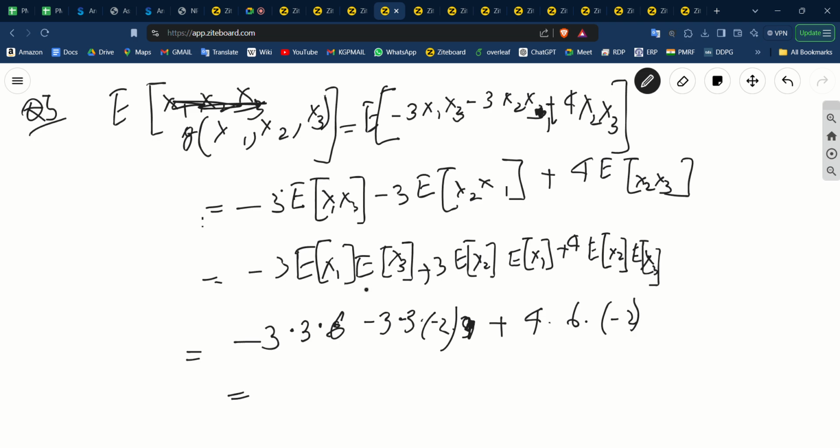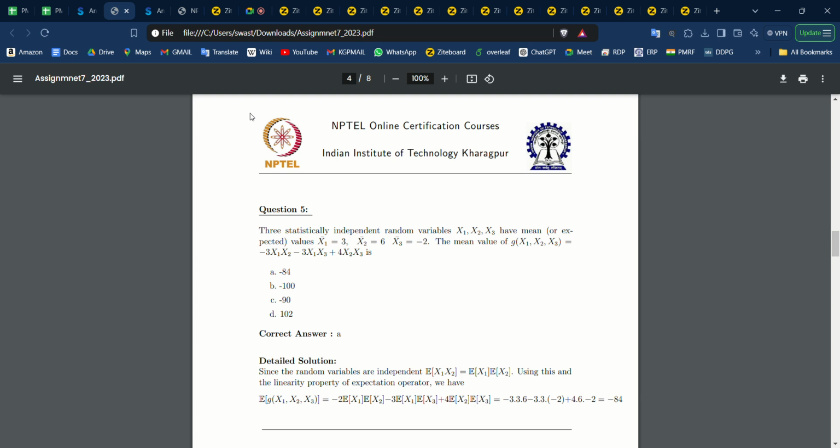So 18, this is 12 and this will be 48. Again some problem is there. 3 minus 2, 24, 48.